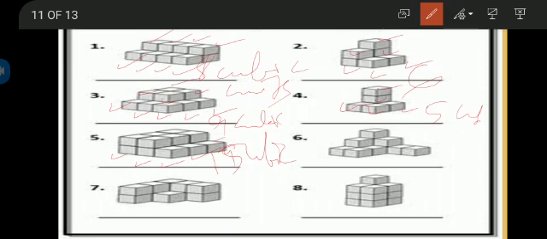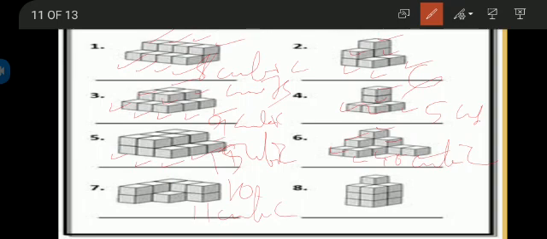And here you see 1 2 3 4 5 6 7 8, again done, 10 cubic units. Here it is, this two row 1 2 3 4 5, this two row is 5 into 2, 10, then one single, that is 11 cubic units.